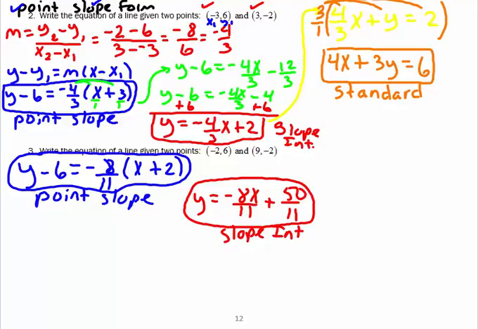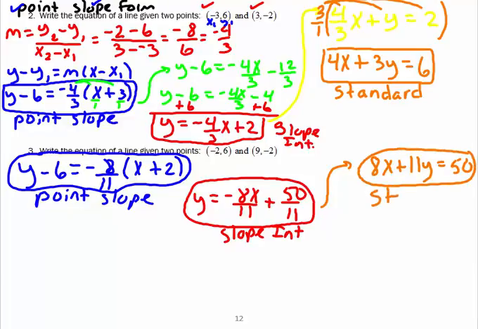Then after slope intercept form, we change it into standard. So changing it into standard, you're going to have to add over the 8x over 11 and then get rid of your fractions. When you do so, standard form should turn out to be 8x plus 11y equals 50. And that's going to be your standard form. So try that problem, see if you get the right answer.